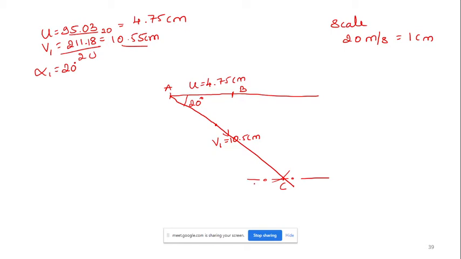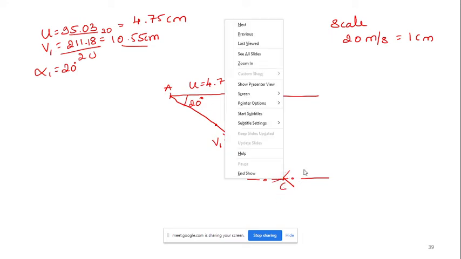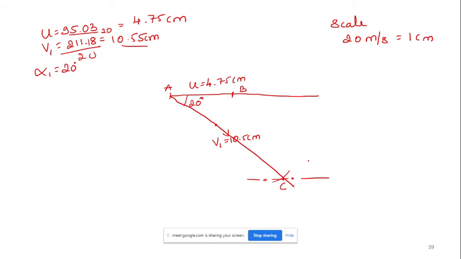Okay. Now from this point, measure 90 degree. It has to be 90 degree. From this point, measure 90 degree and produce it till it meets over here.